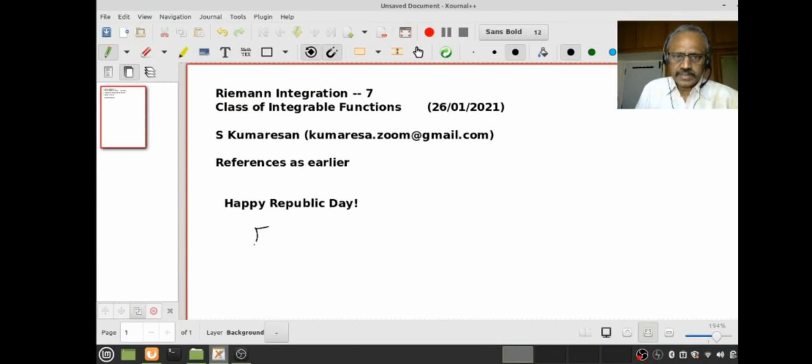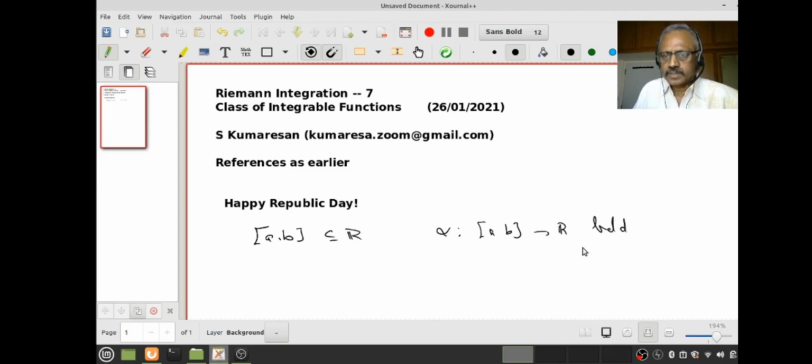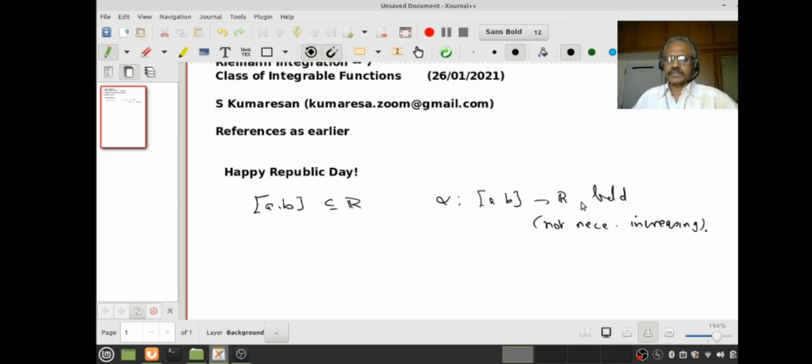So let us fix an interval [a, b] in R, and alpha is a bounded function. We are not assuming to start with that it's increasing, not necessarily increasing at present. As we go, we may have to assume it, but at present I don't want that.